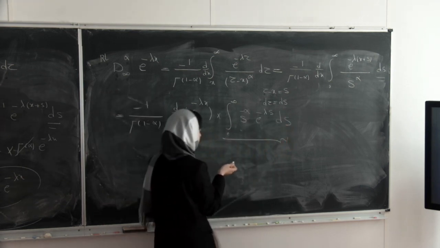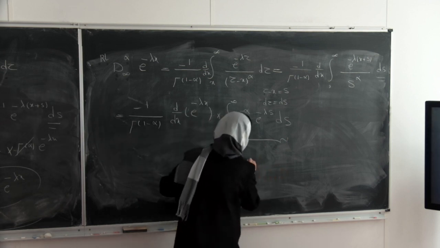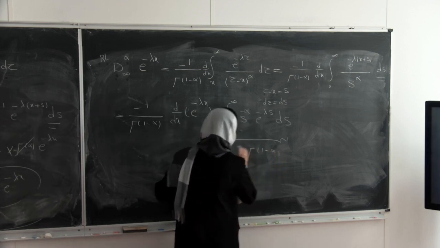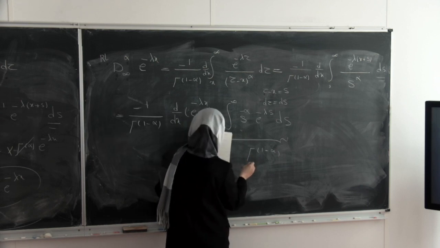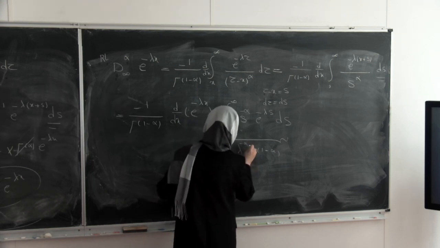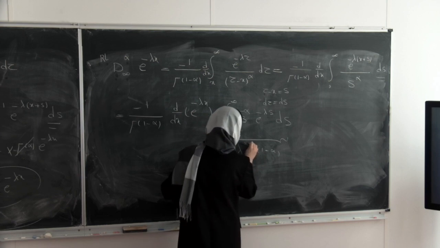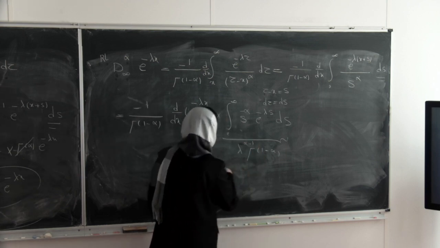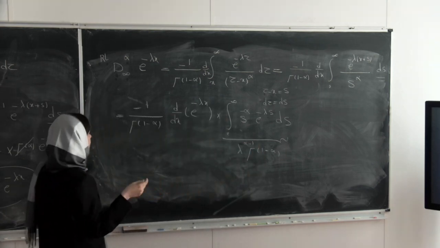It is the gamma function of 1 minus alpha, and it has a coefficient lambda to the alpha minus 1. It is very simple to obtain it by the simple change of variable.